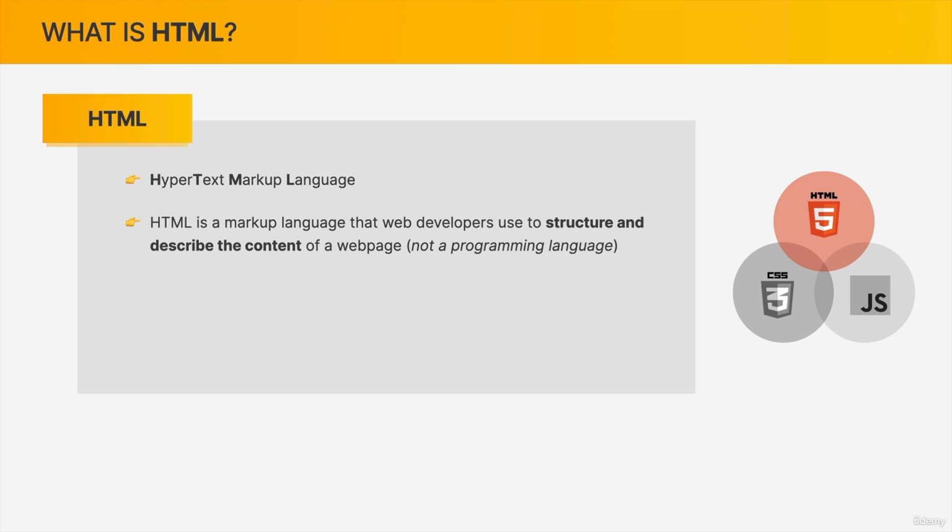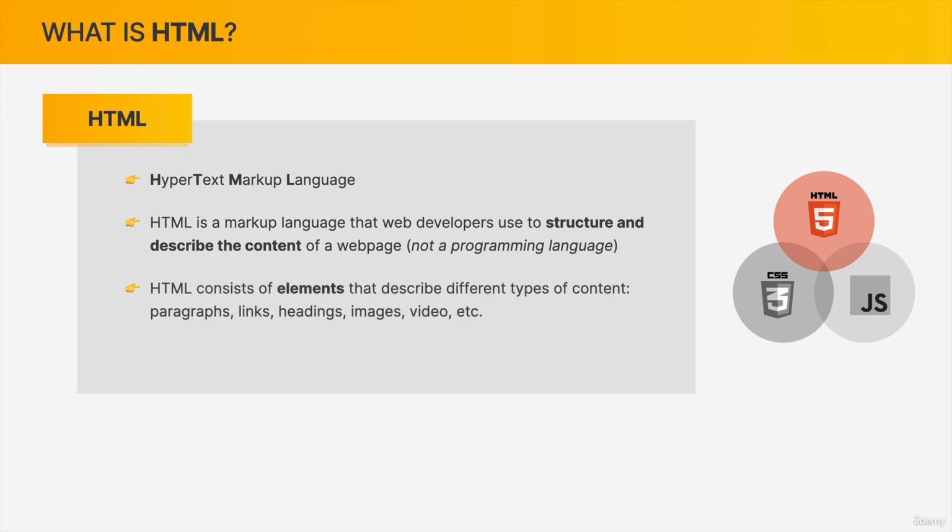It's a markup language because we use it to describe something. And in the case of HTML, we do describe content using elements. So we have different elements that we can use to describe different types of content. So for example, we have the P element that we already used in the lecture where we created our very first web page.